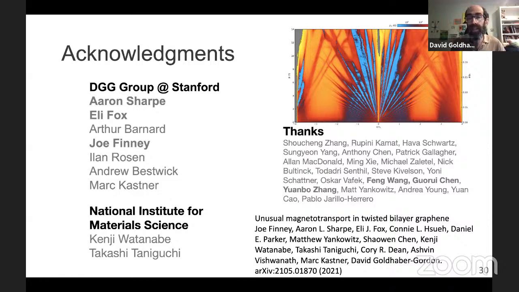Secondly, just as with the magnetic case, when we put this work out into the world, an experimentalist said, hey, I think that this looks familiar. With the magnet, it was Andrea Young's group going back and studying a sample that had aligned boron nitride, but in this case, it was Matt Yankowitz saying, from my postdoc at Columbia with Cory Dean and others, I think I've seen something with this kind of magnetoresistance.